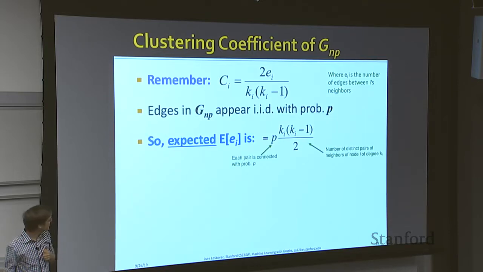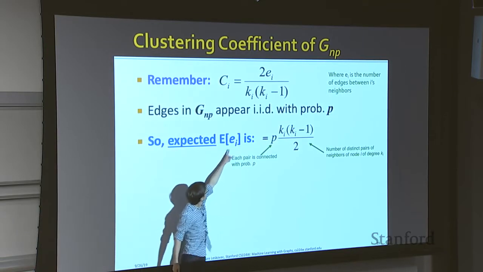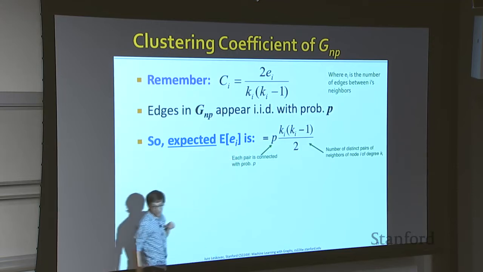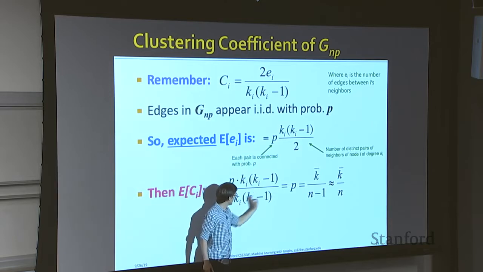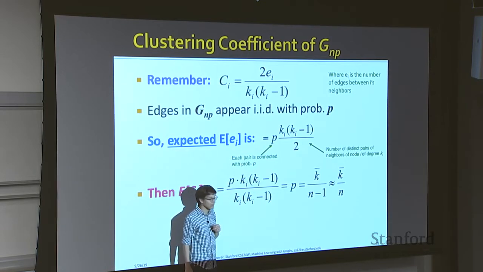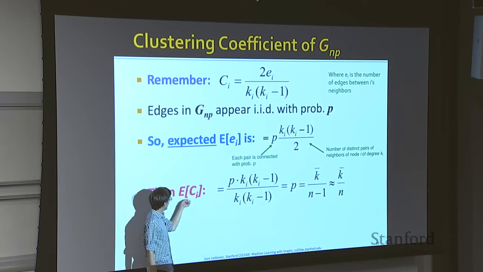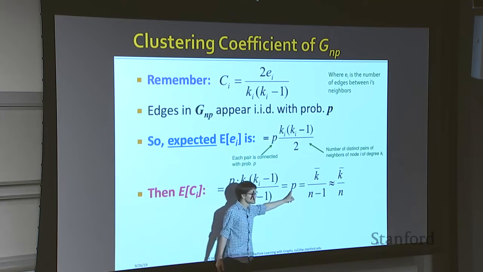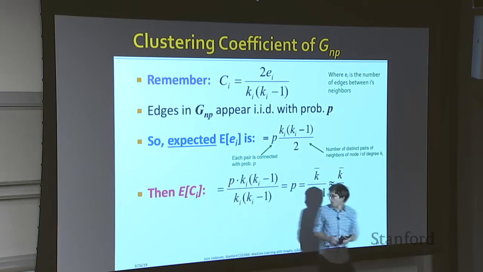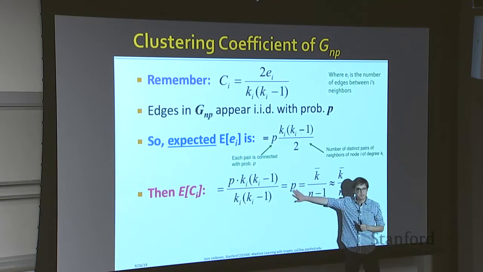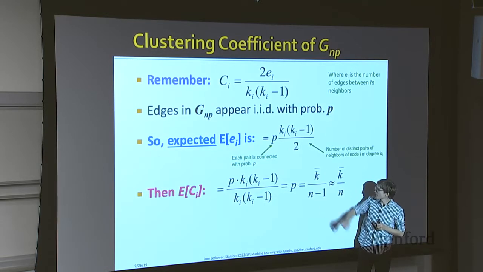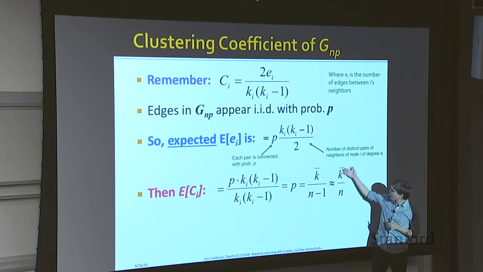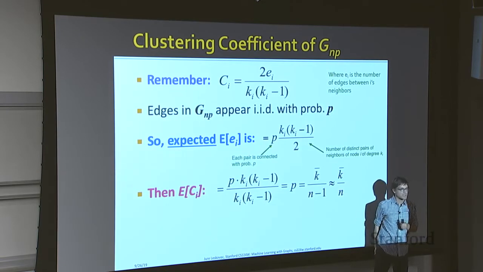That's what we say. So now I can just take this expected value of E sub i and plug it into the equation above. If I do this, the k times k minus 1 terms will cancel, and I get that the expected clustering coefficient of some random node i equals p, which is the probability of an edge. So what is p? p is the average degree divided by n minus 1, and if I simplify a bit, this is the average degree divided by the size of the graph.